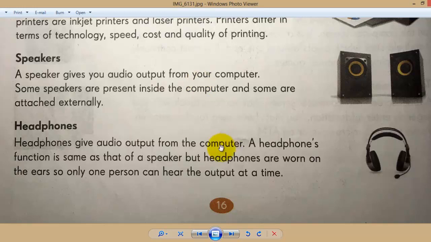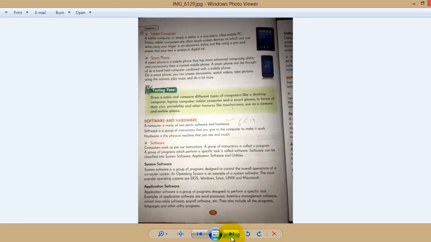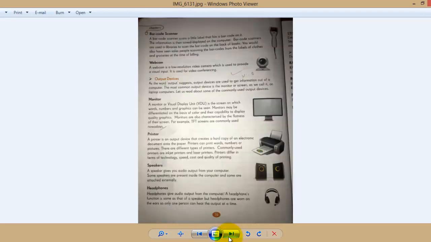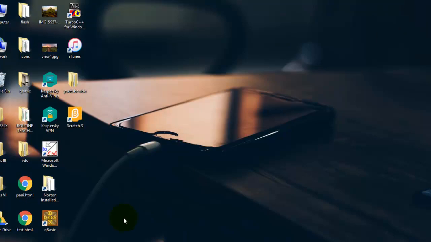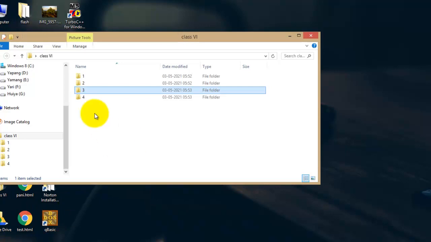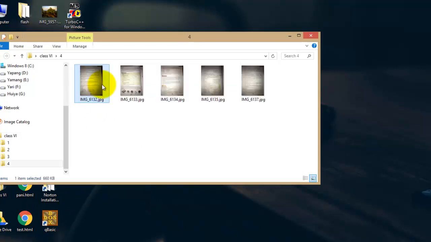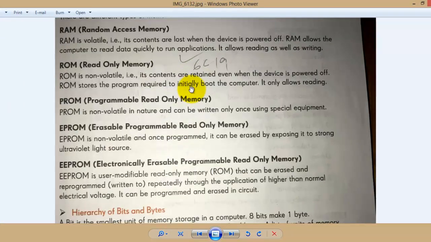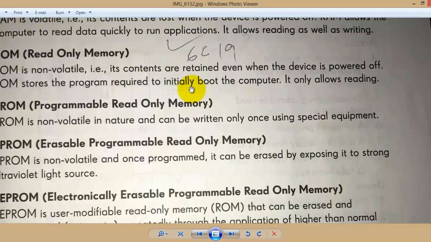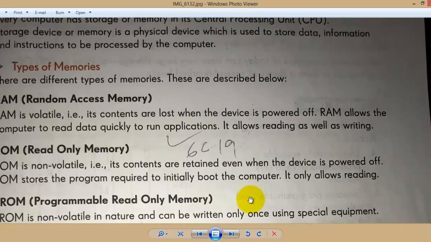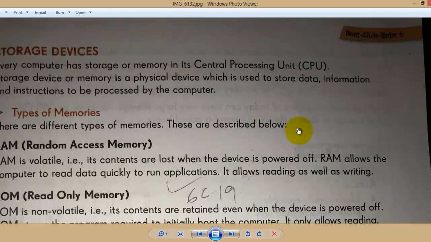Now we are going to learn about storage devices. This is the next topic, that is storage devices.